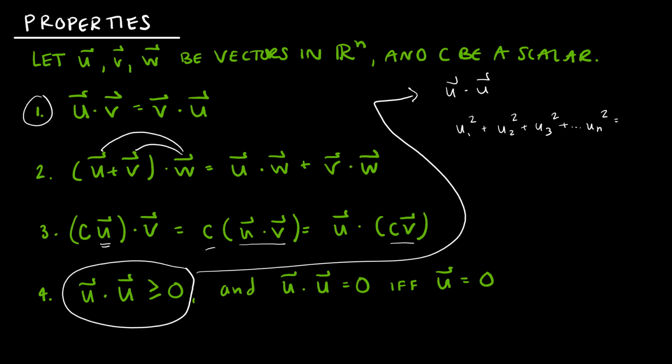And obviously that is going to be a positive product because we have everything squared. So whether or not those entries are positive or negative, when I square them, they will become positive. So that's where the greater than or equal to 0 comes in. And then obviously we can see that it would only be 0 without much thought if and only if the vector itself is the 0 vector.